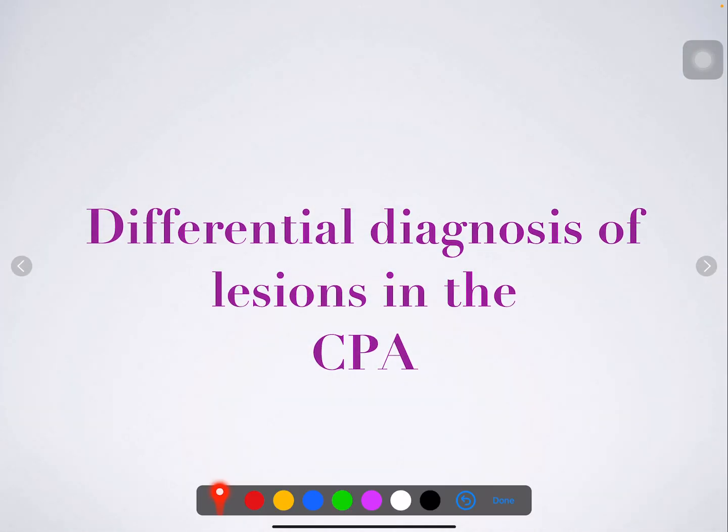Right. So we leave the anatomy for a bit, and then we will get your attention by some of the differential diagnosis of the lesions in the cerebellopontine angle. You have to try to anticipate what you will find. You have to try to diagnose from the radiology and the presentation before you operate on the patient.